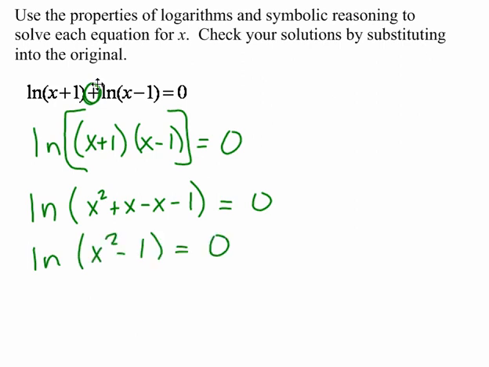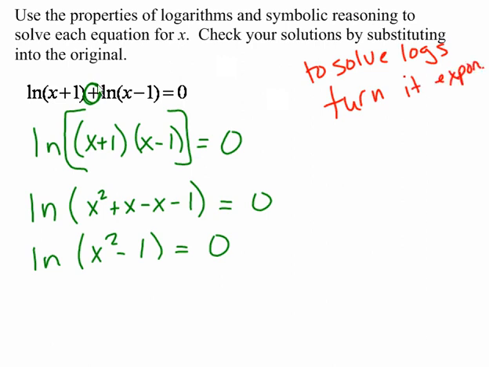And now we're at this point where we have to turn it exponential. So that's kind of your key to solve these, to solve logs. Always turn it exponential. Okay? Not always, but a lot of times. And you'll find out when we solve exponentials, you're going to turn it to logs. So they're inverses, they work well with each other.